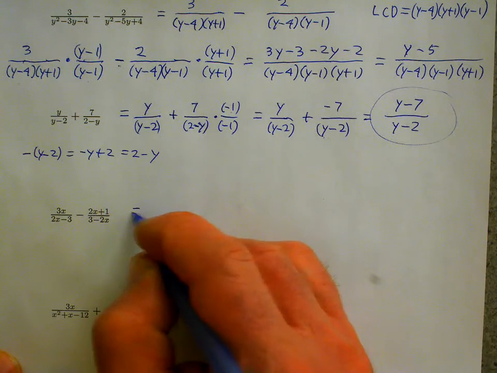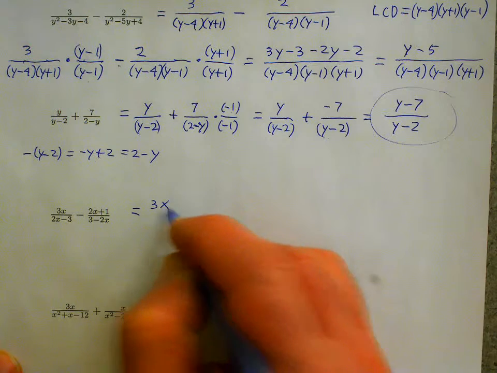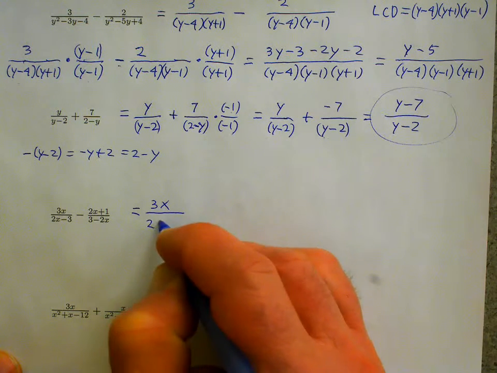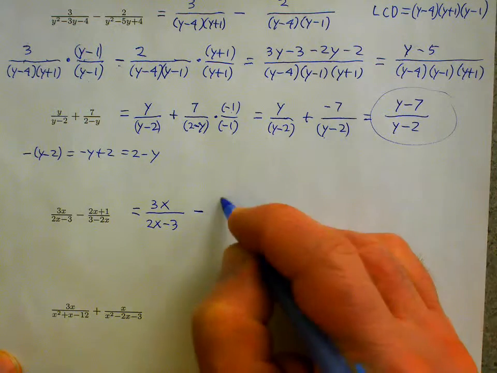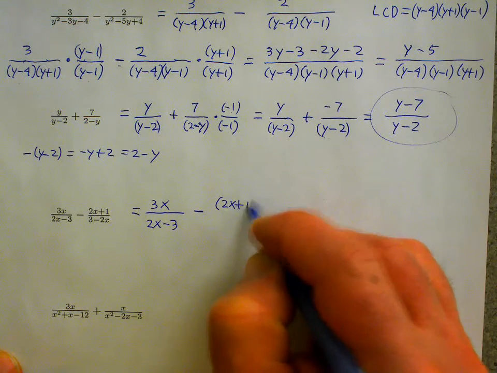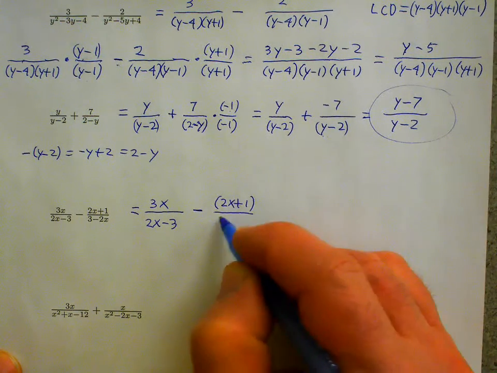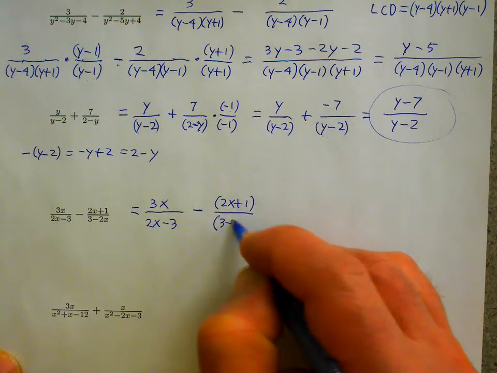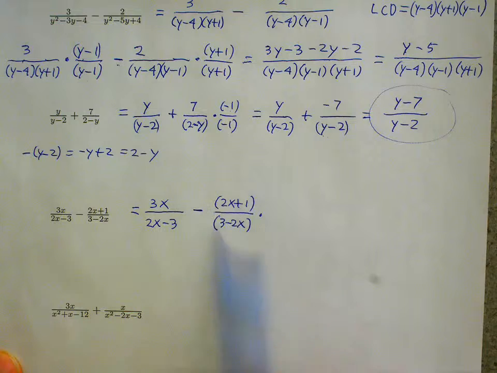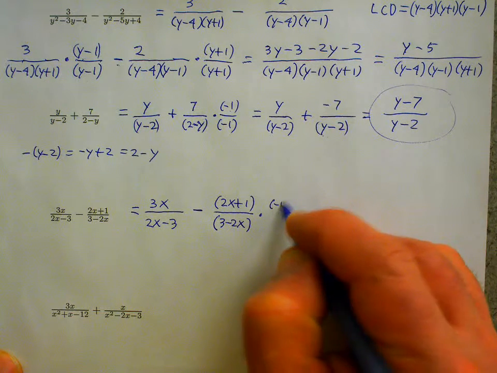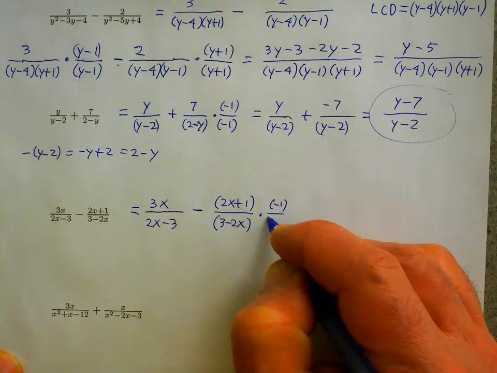So if you recognize that, then you can do what we did in the last one. We can multiply this by 1 in the form -1 times -1 divided by -1.